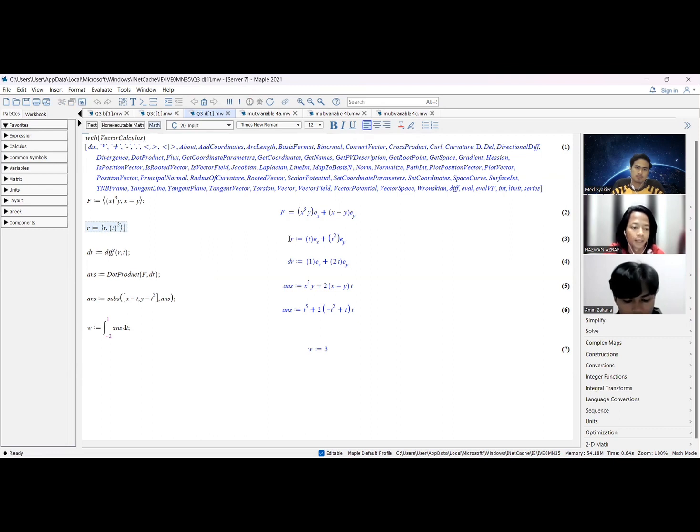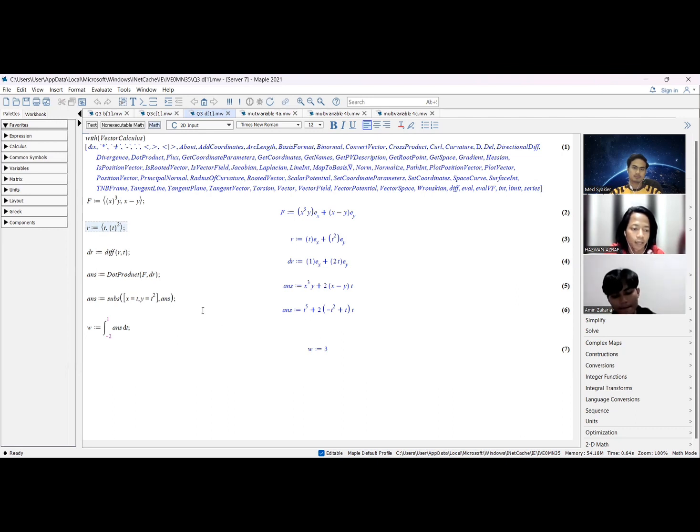Then we type dr equal to differentiate r, comma t, semicolon, and push enter, and we get dr equal to ex plus 2t ey. And we type answer is equal to the dot product of f and dr, semicolon. The answer is x cubed y plus 2 times x minus y t.